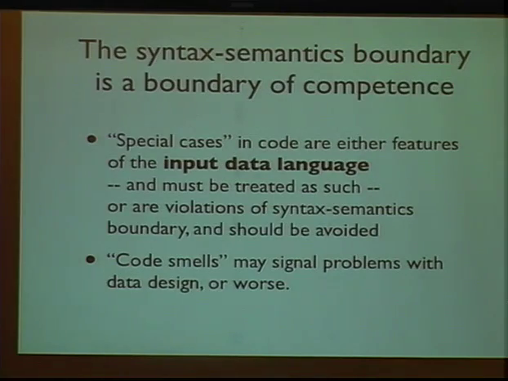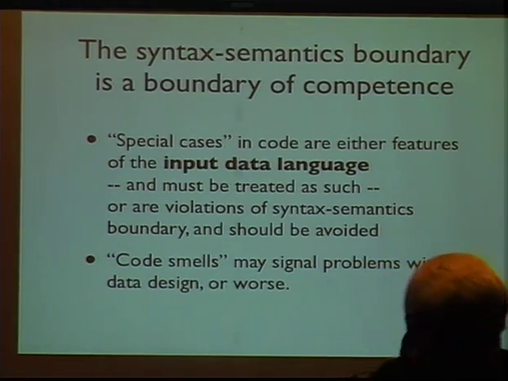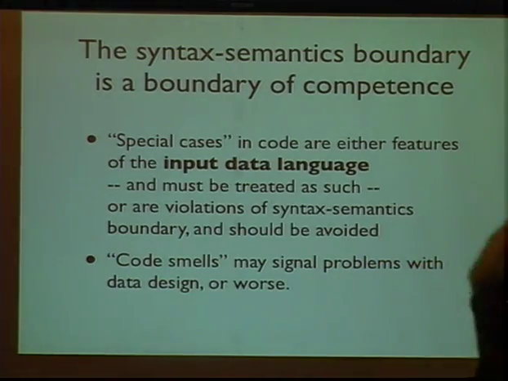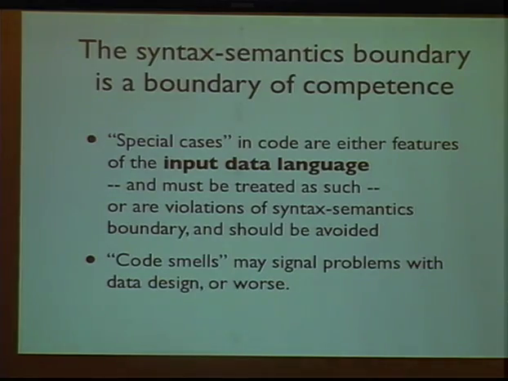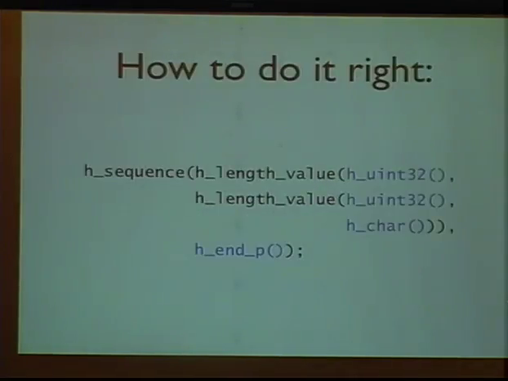Anyway, point being, when you see what looks like a special case, check your premises and figure out which one is about to bite you in the ass. Because either your input data language has some quirks, in which case that's okay, just define that formally, or you're digging around into and out of your syntax-semantics boundary, which is what happened here.